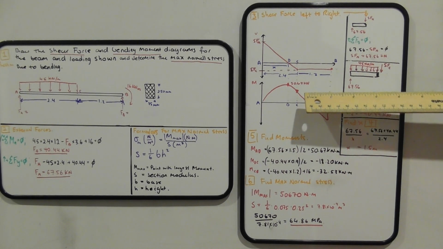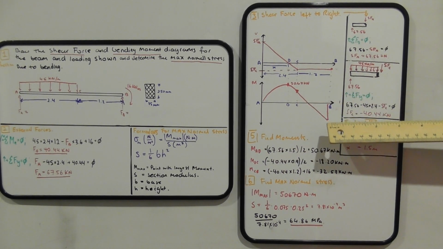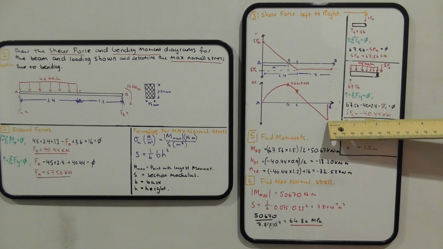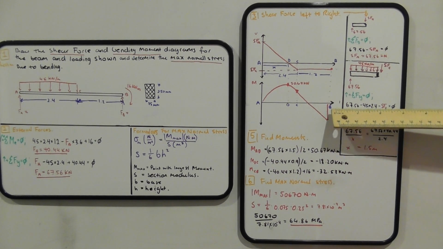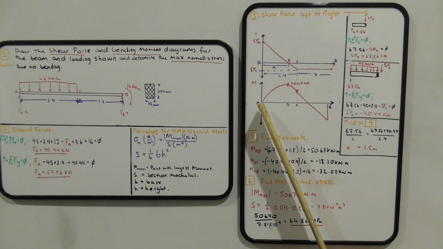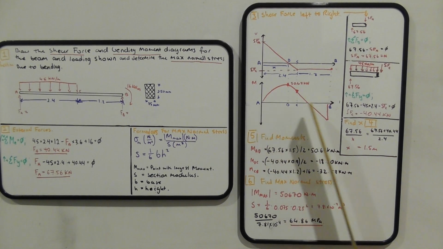Then it will stop there, but because of that moment, it will come back and touch B. In the moment diagram, the sum of moments equals 0, so when you start on the axis, you finish on the axis.